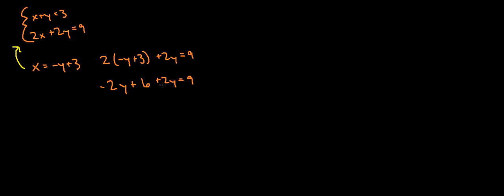And here, the variables are going to cancel each other out. And what I will be left with is 6 is equal to 9, which is an untrue statement.